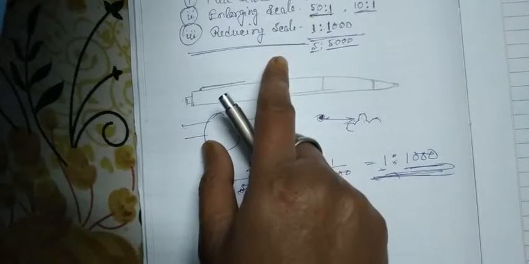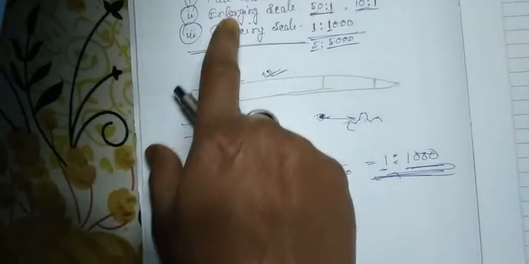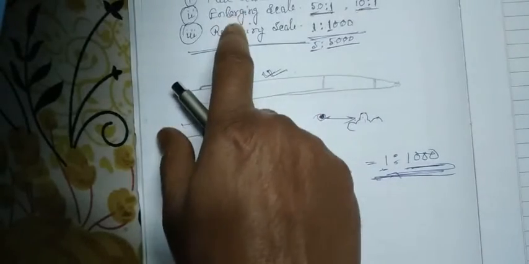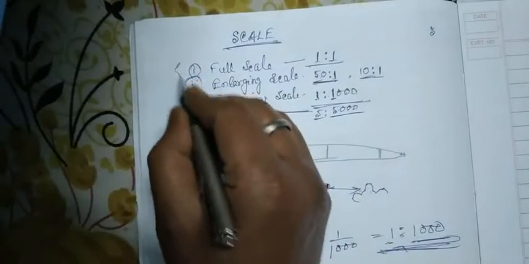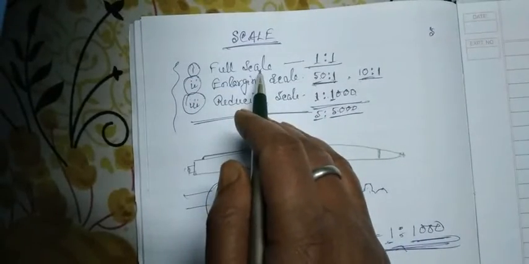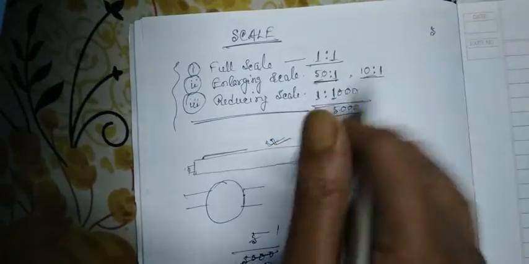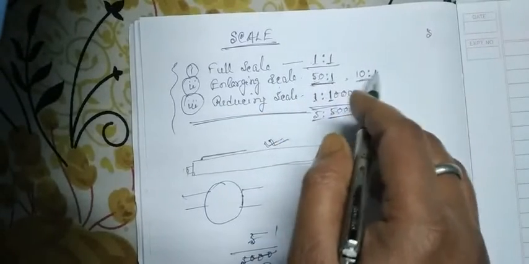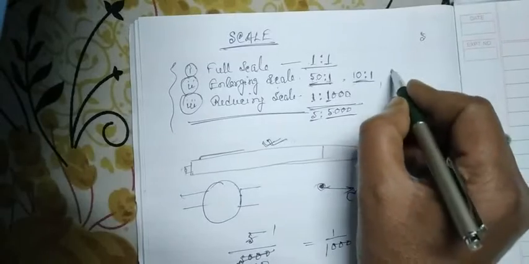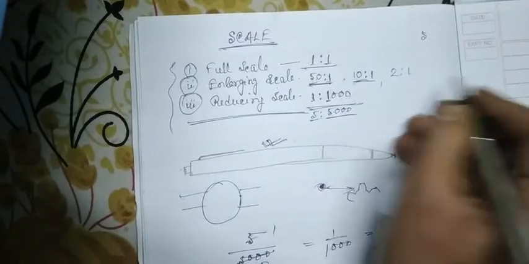So understand that these three types of scales are used in our engineering drawing. One is full scale, that is 1 is to 1. Enlarging scale, that is either 50 is to 1, 10 is to 1, 2 is to 1, or anything.